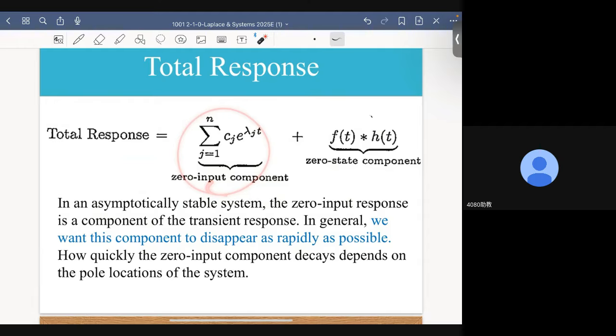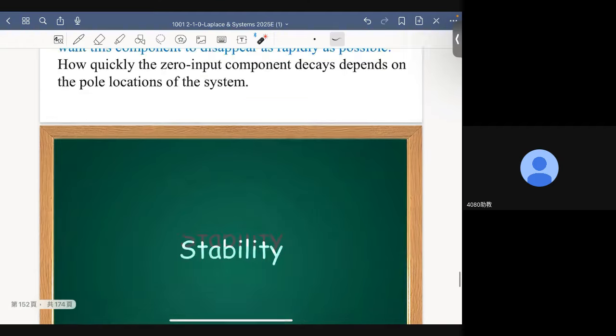It will not become a factor in the equation. But there is a condition: the system has to be stable. And since I want it to disappear, I want it to go away as soon as possible, or as rapidly as possible.